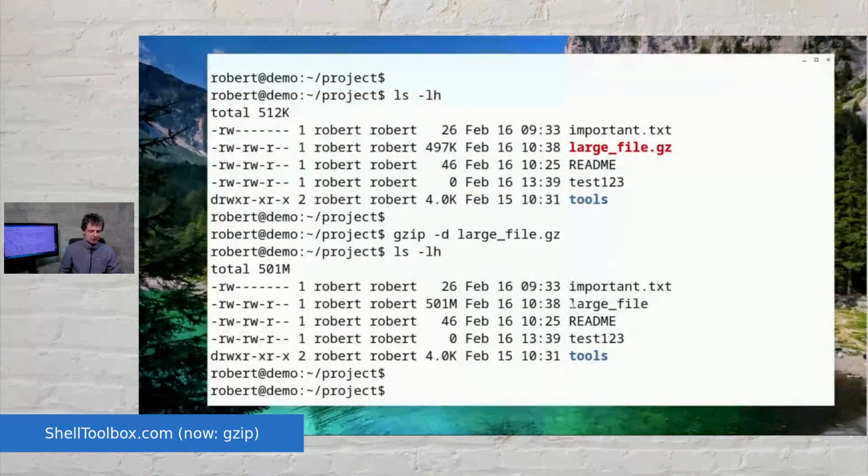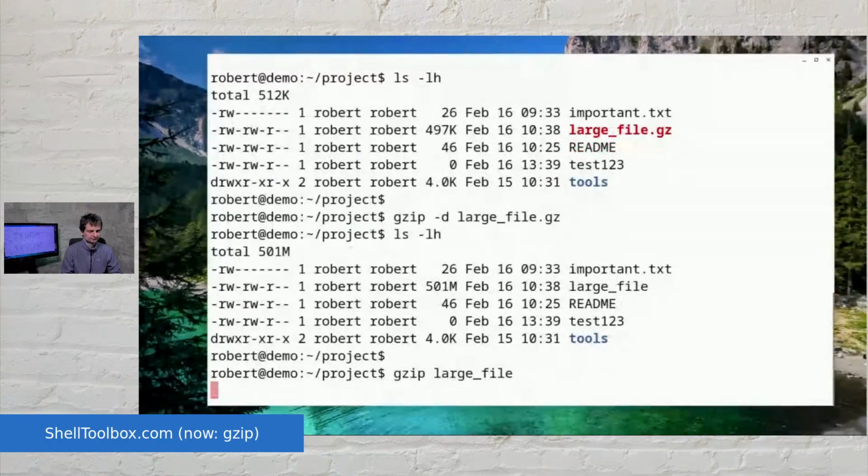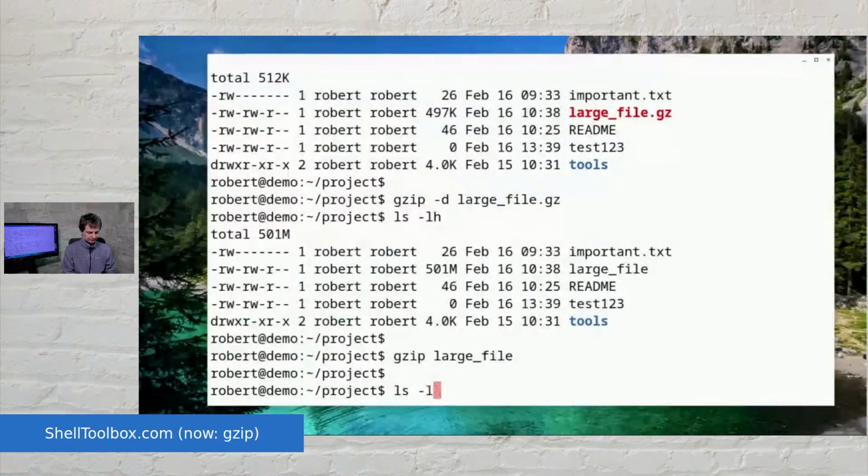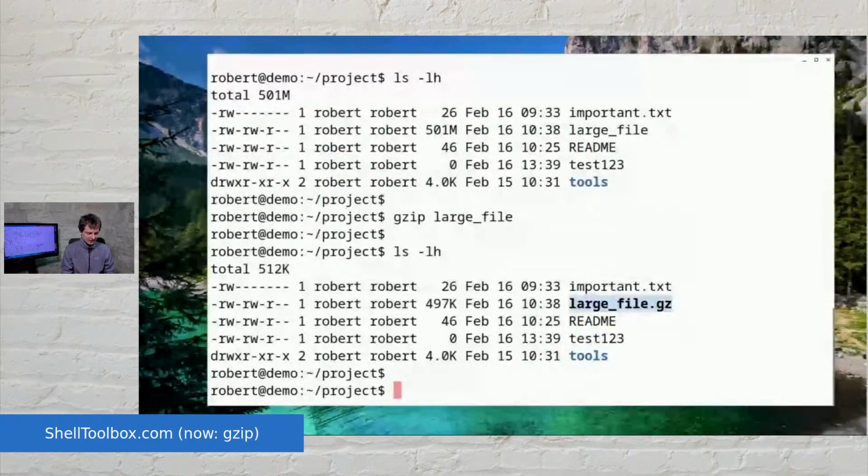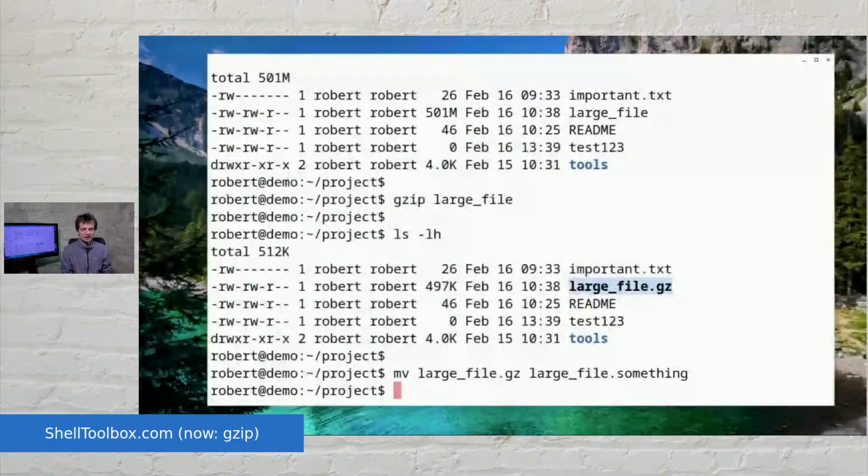A small pitfall here, if you have a compressed file. Let's compress the file again, gzip large file. And now let's rename this large file to something else. Move large file to large file.something, for instance, or just without any extension.